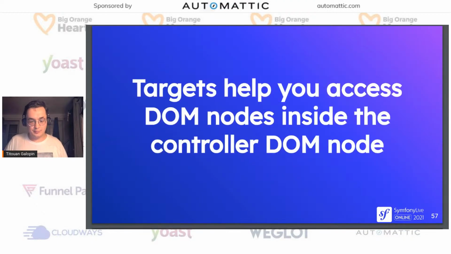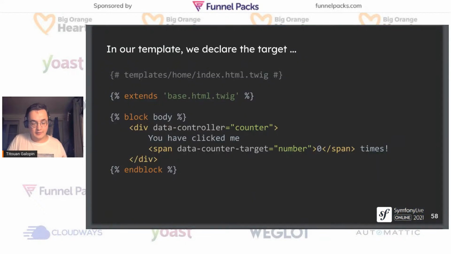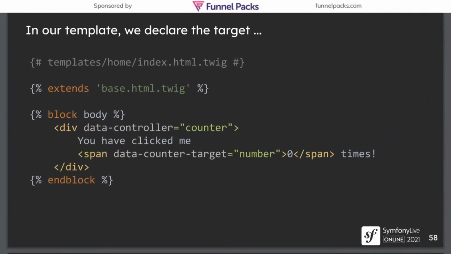So the principle of targets is to help you access DOM nodes that are inside your controller DOM node. So for instance, if you have a counter data-controller attribute, you may want to access the number inside of it because you want to update it when it's actually clicked. You could do it in whatever way you want, with a class, an ID, whatever.